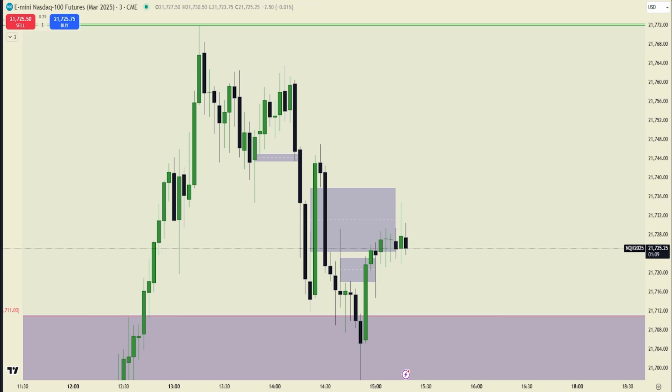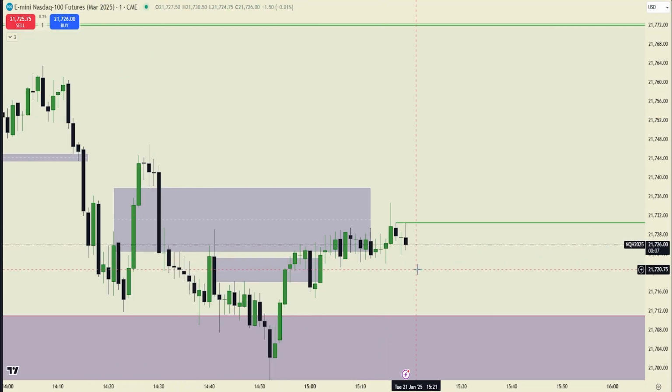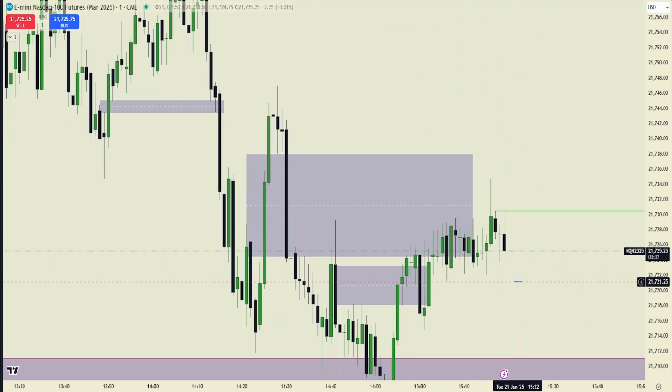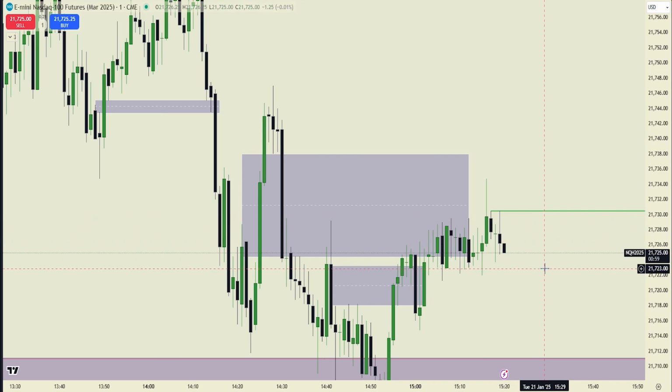Dude, what is this price action? We have been chopping for the last 20 minutes. We haven't even moved. Like, what is this?